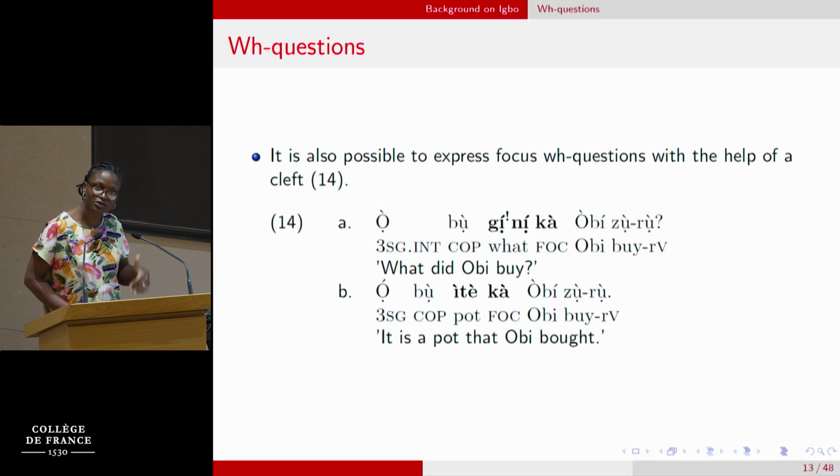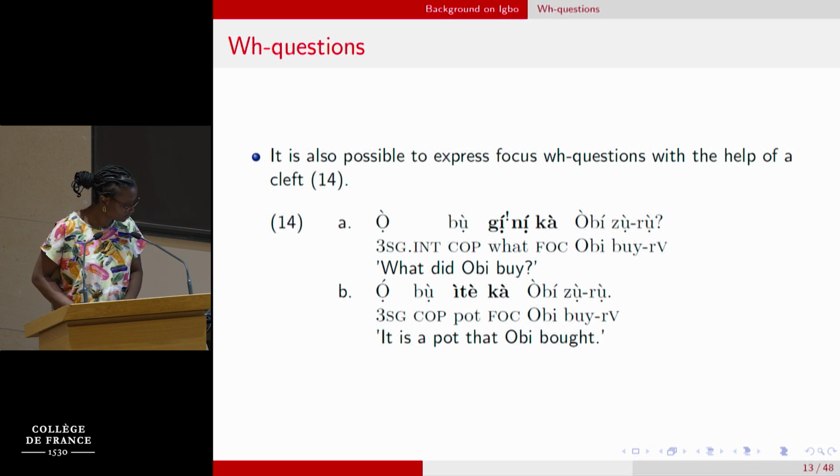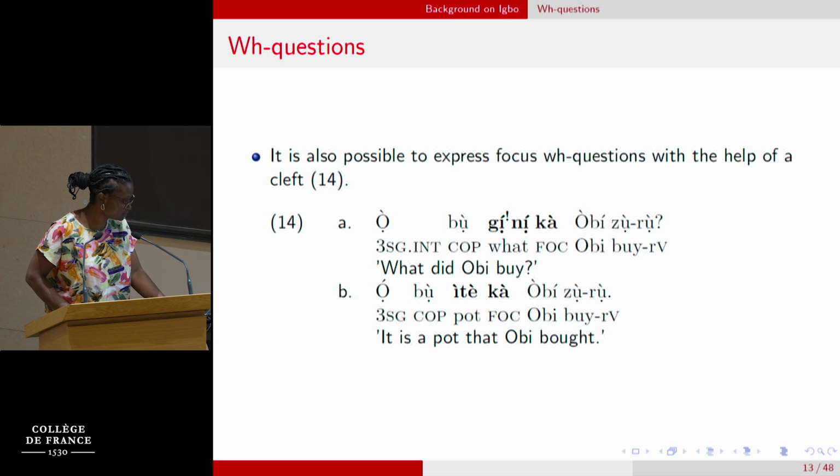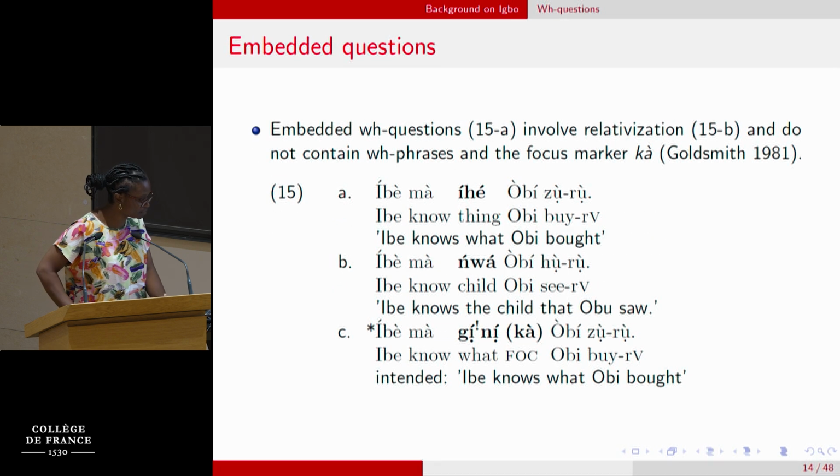So 14a is showing the question, and then 14b is the answer to the question. It's also good to point out here that the same subject, non-subject asymmetry that we get for the non-cleft one, we still get with the cleft.